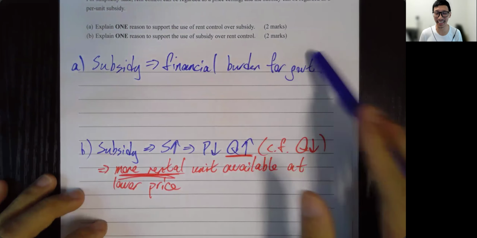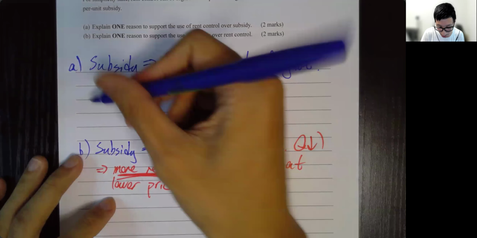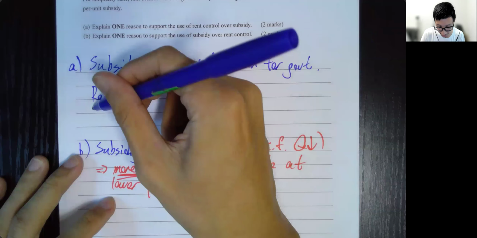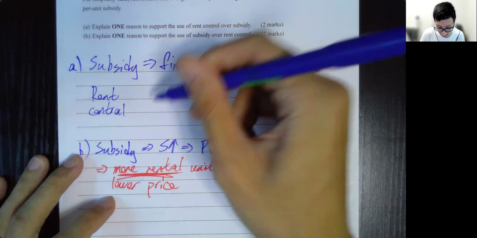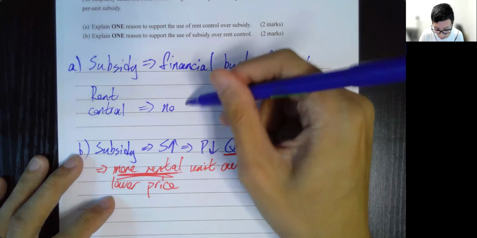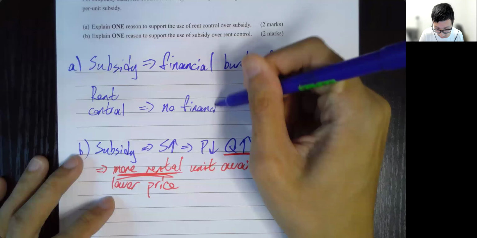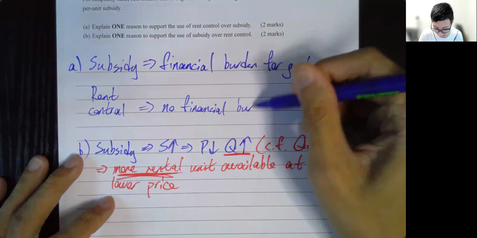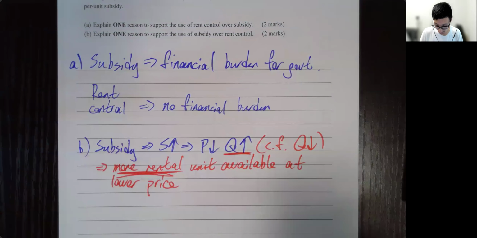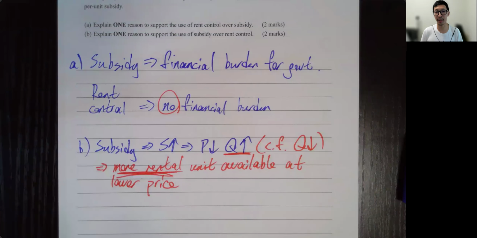Okay, 好嘛 for the government. On the other hand, when rent control, there is no financial burden. So this is a major advantage of using rent control over subsidy.